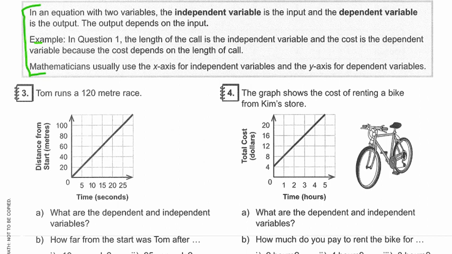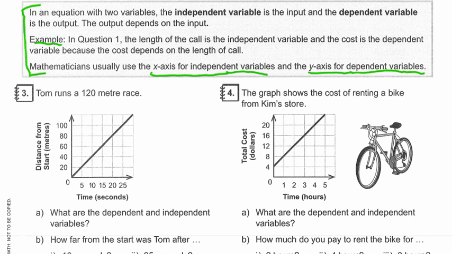It says, in question 1, the length of the call is the independent variable, and the cost is the dependent variable because the cost depends on the length of the call. Mathematicians usually use the x-axis for independent variables, so you might want to highlight that or make note of that, and the y-axis for dependent variables or other independent variables if that's the case.